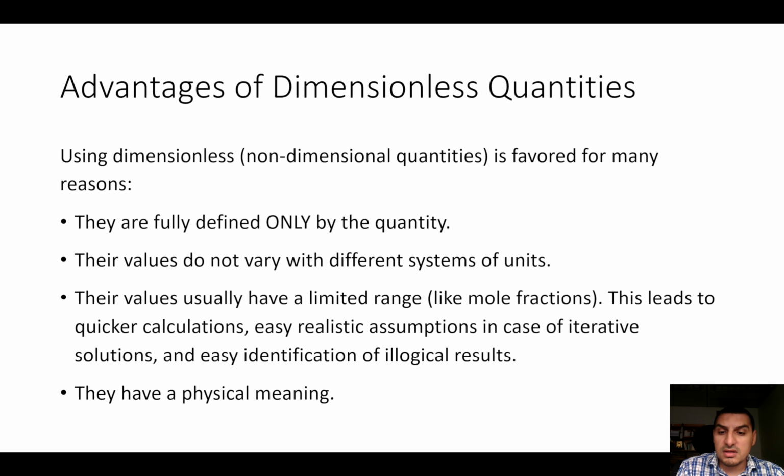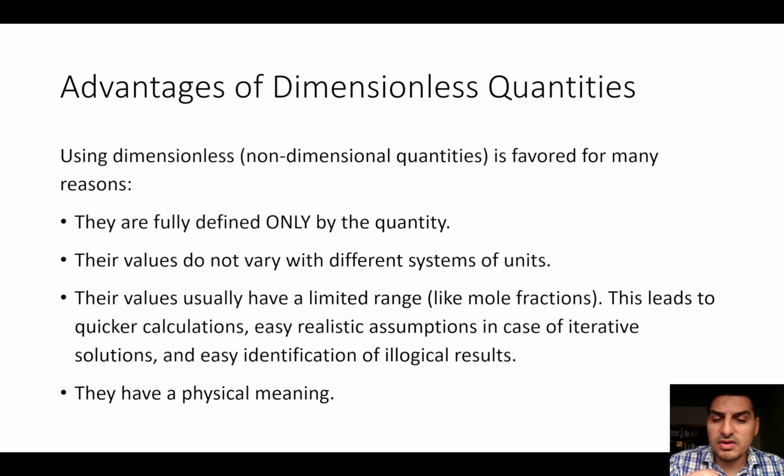The last point, which is a very important advantage of the dimensionless quantities, is that they have a physical meaning. They give us some very useful information about the system that we are dealing with. We will see this in detail in the coming videos and the next chapter.